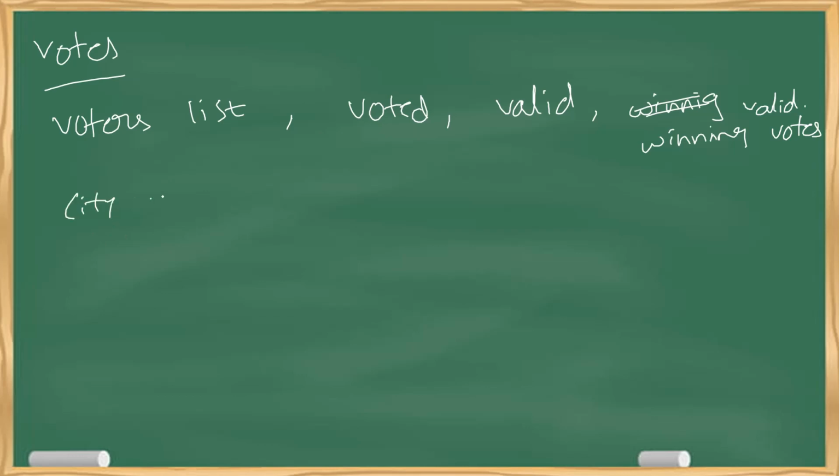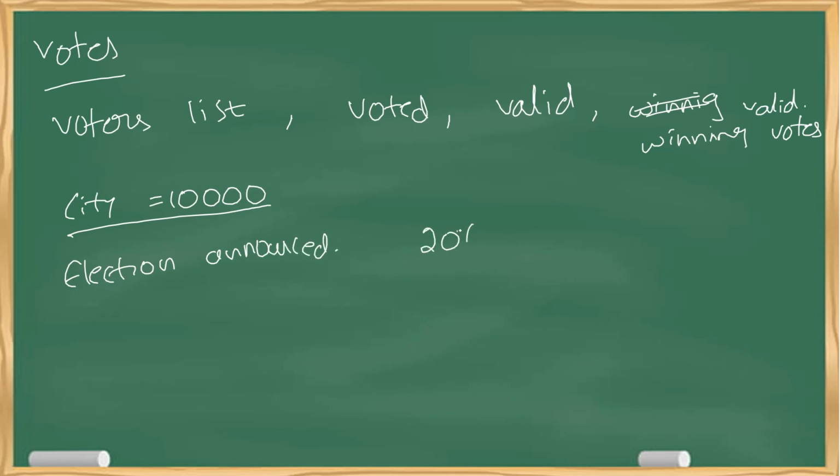In a city, there are 10,000 voters. Now, there is an election happening. Election announced. 20% did not vote in the election.